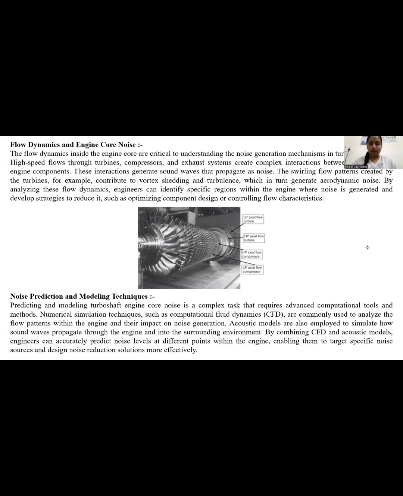Models are also employed to simulate how sound waves propagate through the engine and into the surrounding environment. By combining CFD and other models, engineers can accurately predict noise levels at different points within the engine, enabling them to target specific noise sources and design noise reduction solutions more efficiently.